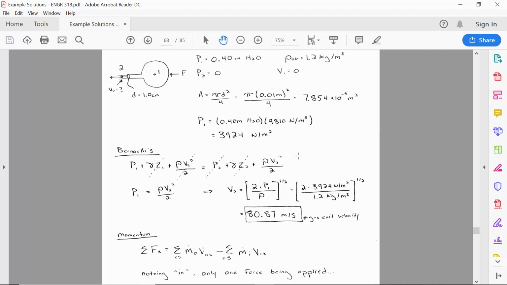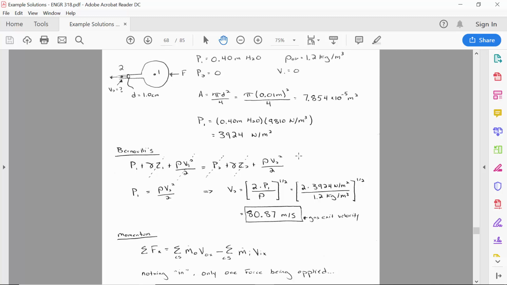Okay, so let's substitute in the actual numbers that we've got. It's going to be 2 times this pressure at 1, which we calculated in the preliminaries, 39.24 newtons per meter squared, divided by the density of the air, which is given as 1.2 kilograms per cubic meter, and that is all to the 1/2 power.